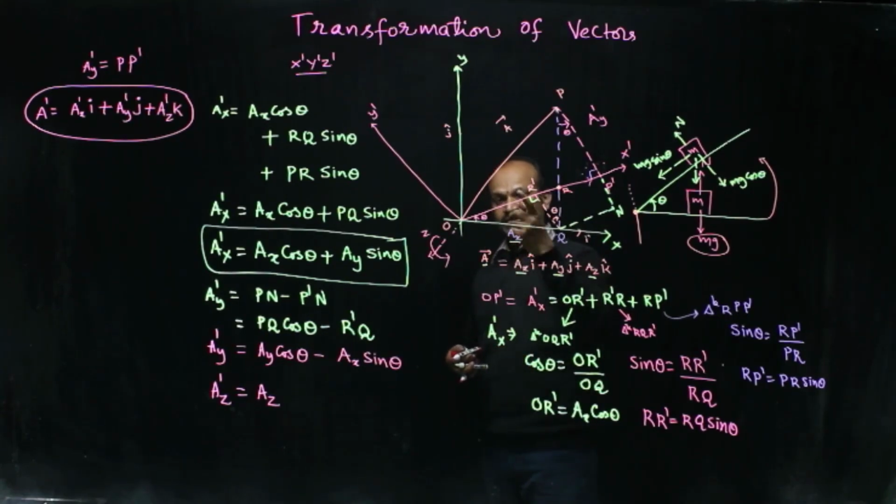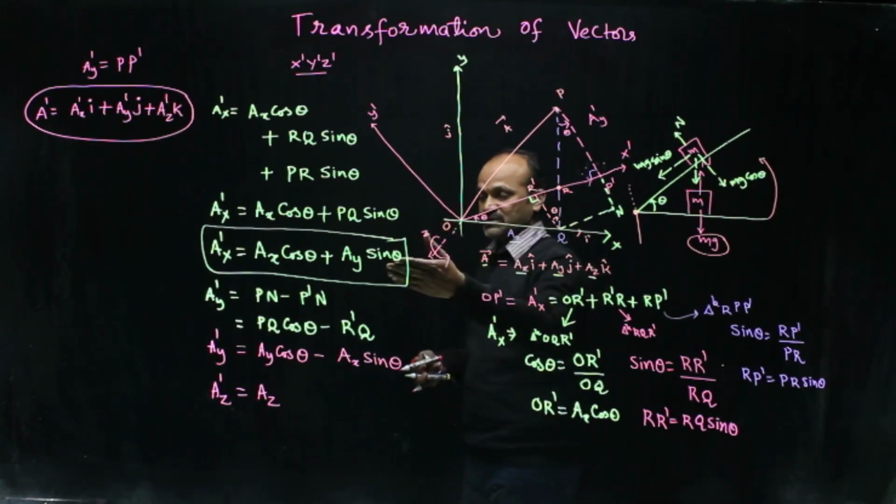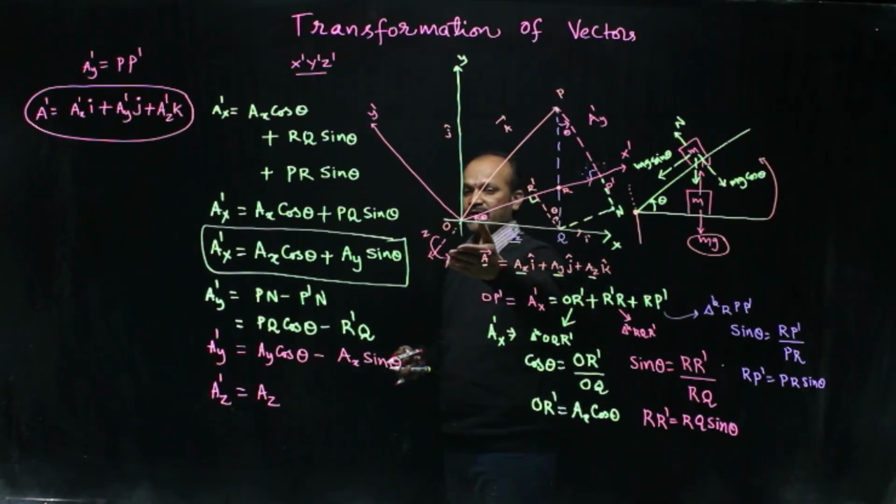If there is any mistake, I will correct you. If it is rotated about the z axis, you get Ax dash, Ay dash, and Az dash is as it is, Az. If you rotate about the x axis, you will get Ay dash, Az dash, and Ax dash is as it is. Similarly, if you rotate about the y axis, you get Az dash, Ax dash, and Ay stays. Just see the similarity in how we are writing. Or if you are interested, you can derive in the same manner. It's a very simple thing.